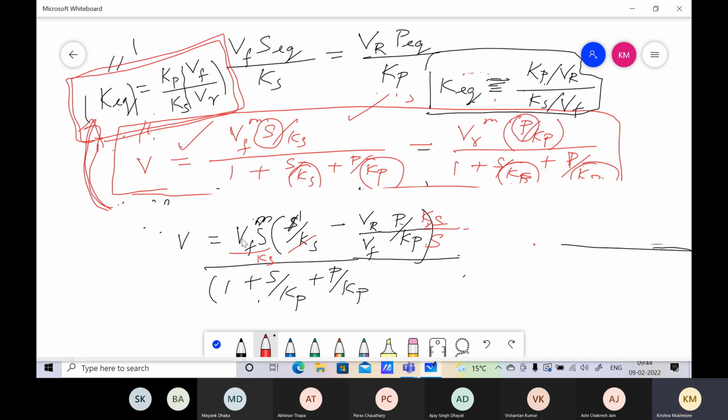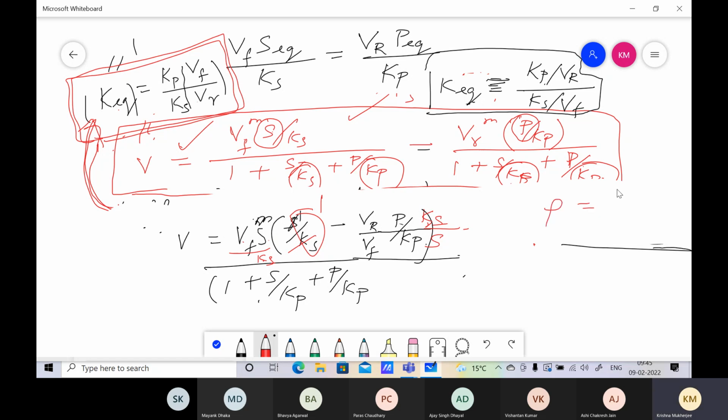Also remember, this is Vf upon Ks, and this part is now 1 minus this. So I've taken out Vf upon Ks, and this is 1 minus this. Use this equilibrium relationship and the rho values. What is rho?